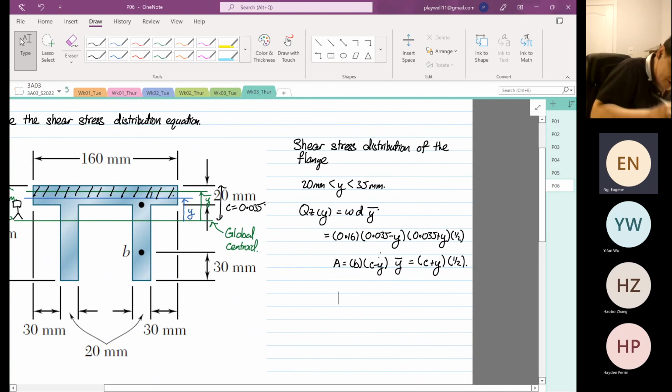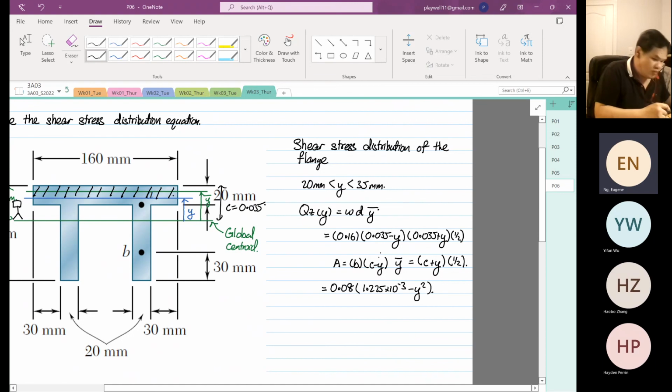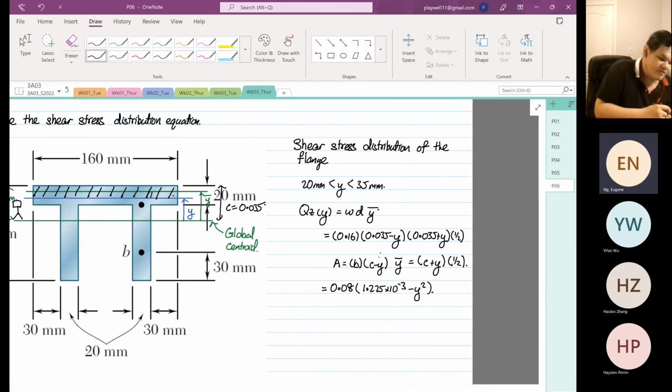So from here, this will be equal to 0.08 multiplied by 0.035 squared, which is 1.225 times 10 to the power of minus 3, minus y squared. This is the first moment of area of the flange, which is a variable.